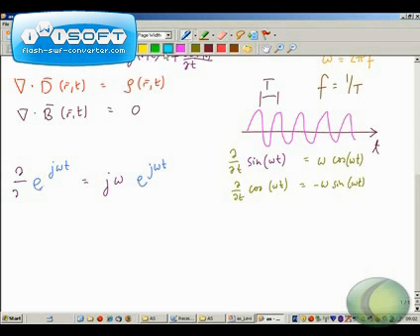Time derivative. Okay, but now it's easy. This means that the time derivative is exactly j omega.